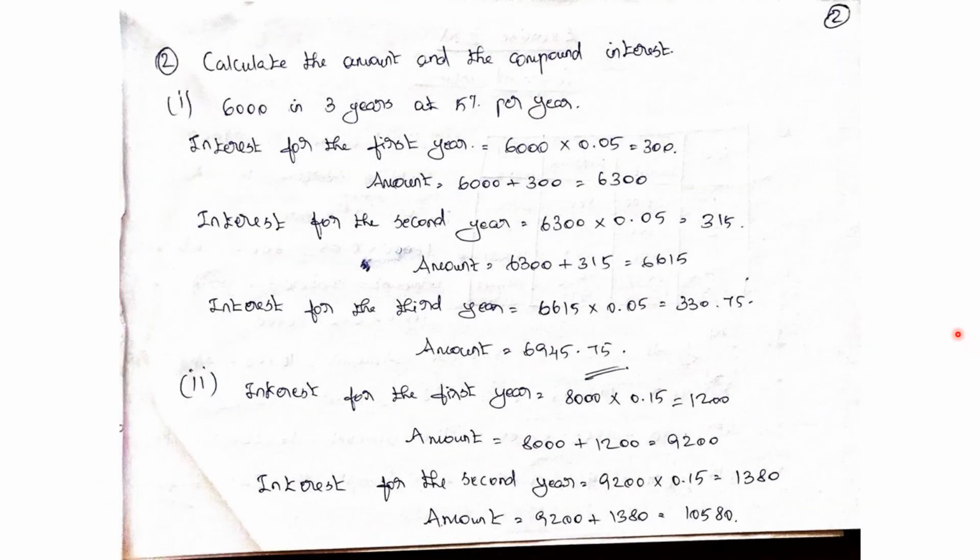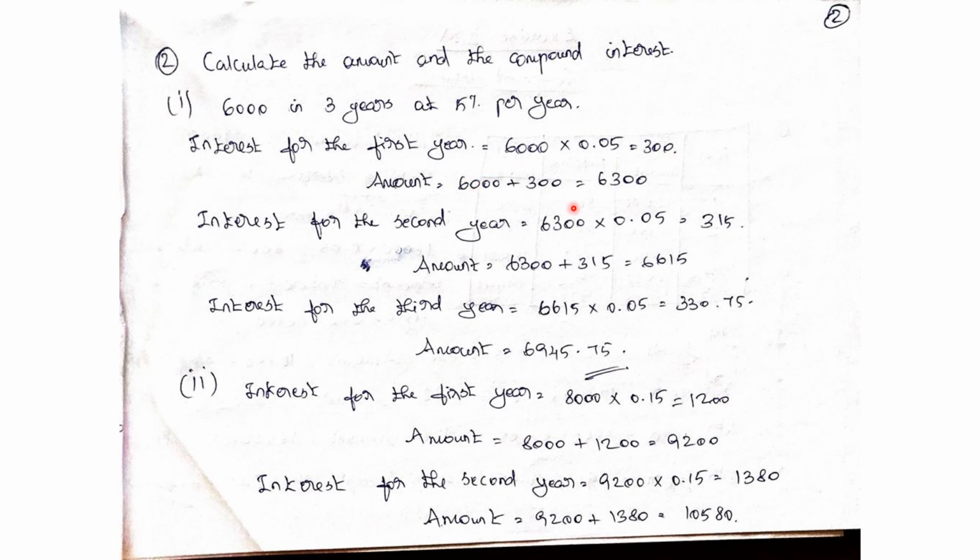Calculate the amount and the compound interest. We should calculate both the amount and the compound interest. Principal is 6,000, for 3 years, 5% per year. 5% means it's nothing but 0.05. So interest for the first year will be 6,000 into 0.05, will get 300. That 300 will get added to the 6,000.